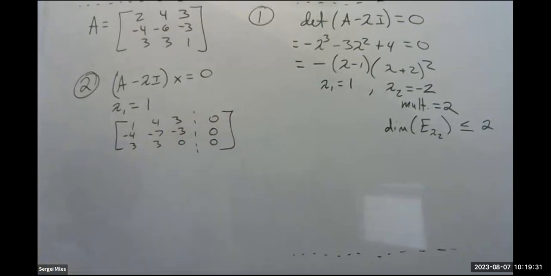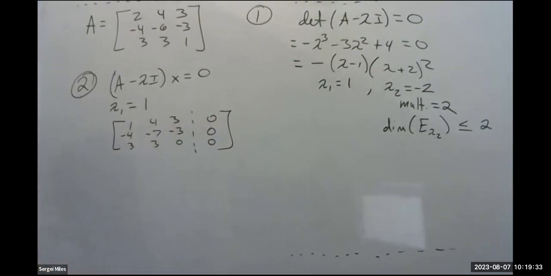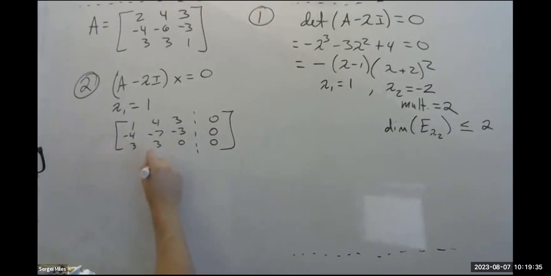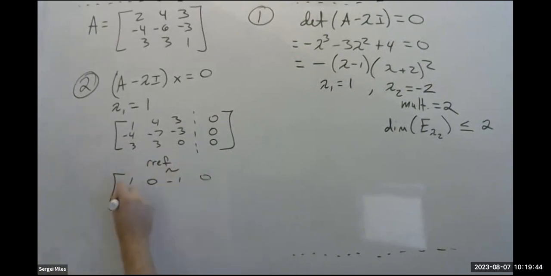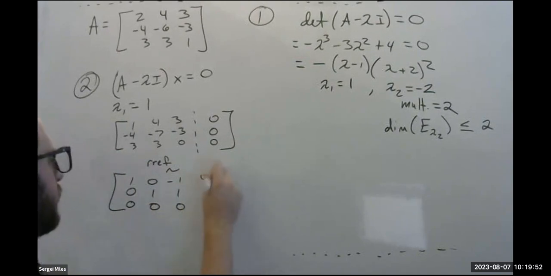Now, for the sake of time, I'm just going to write in the row-reduced echelon form here. And we're going to get 1, 0, negative 1, 0, 0, 1, 1, 0, 0, 0, 0, 0.